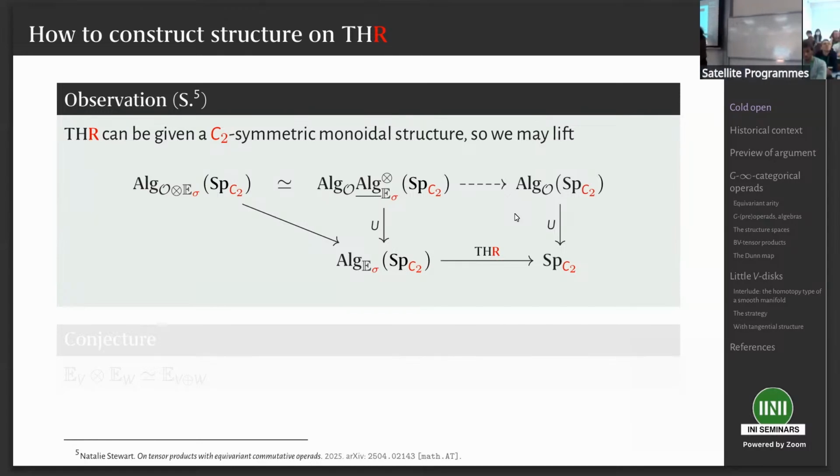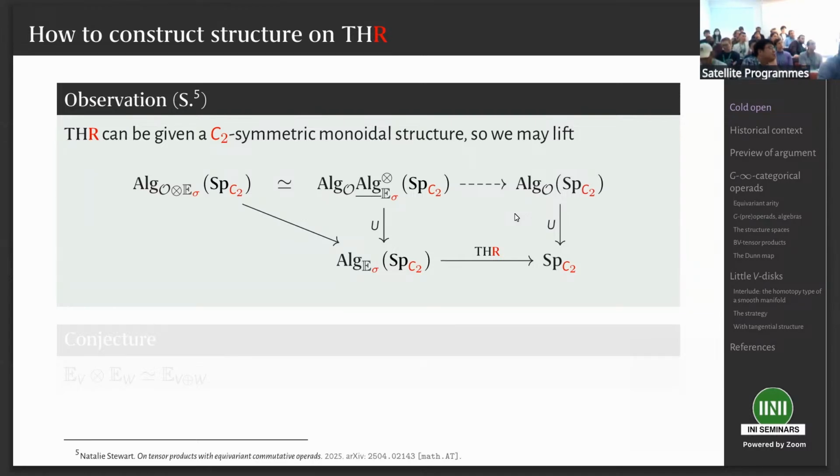I could throw in any G operad here, suitably interpreted. And I get a lifting from O algebras and E sigma algebras to O algebras, if you define this correctly. The sort of like pointwise tensor product of E sigma algebras. And I also claim, and I'll talk about this, that there's a co-representing object for these interchanging O algebras and E sigma algebra structures on the same objects called the Boardman-Vogt tensor product. Creative, I know.